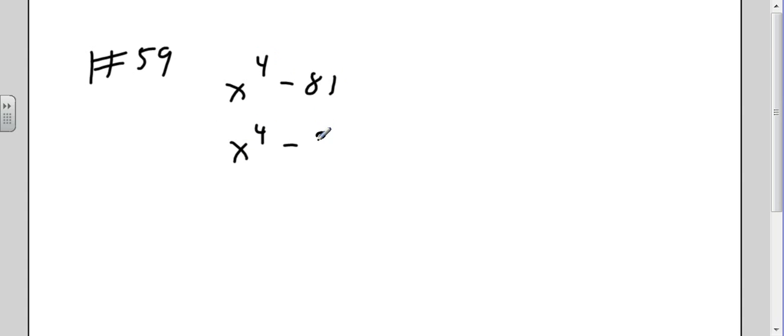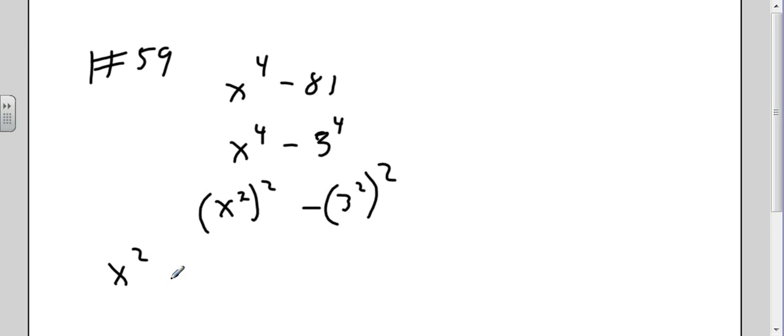59. X to the fourth minus 81. Okay, so I recognize that it's x to the fourth minus 3 to the fourth, right? So that'd be x squared squared minus 3 squared squared. So I could write that as x squared plus 9 times x squared minus 9.